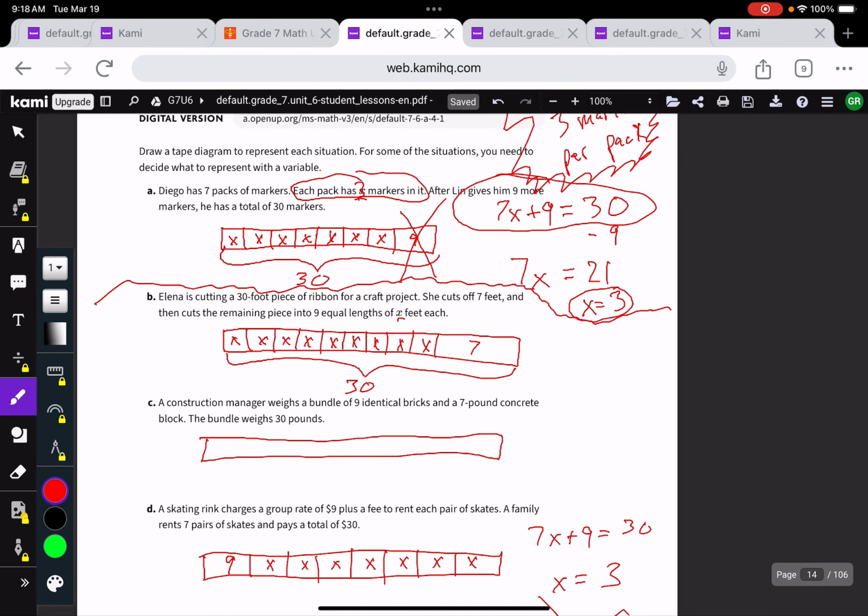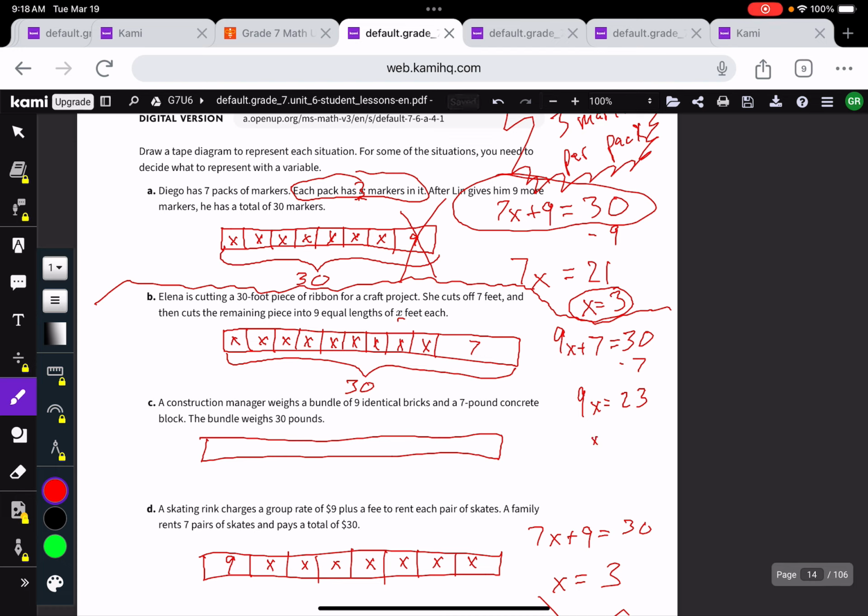On this one, we can see there are 9 x's plus 7. All that's 30. So what would the first step be? Well, let's get rid of 7. And then we'd have 9x equals 23, which is really annoying, but so be it.